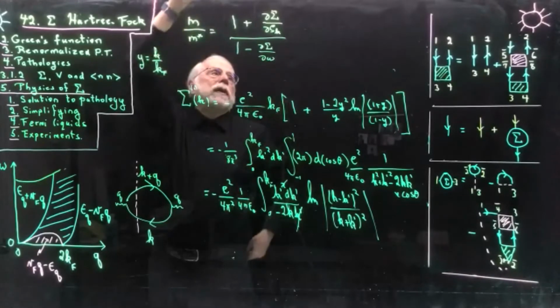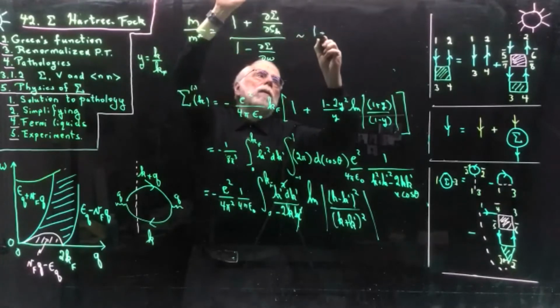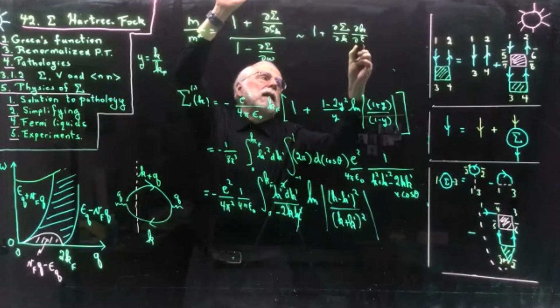But here there's no frequency dependence, right? So this is just 1 plus d sigma dk d zeta k.